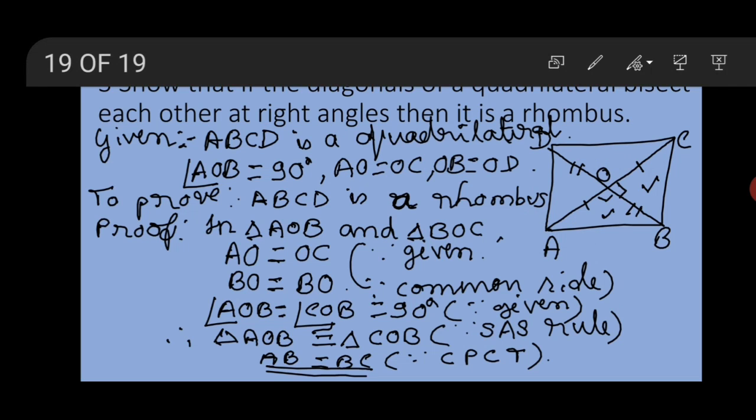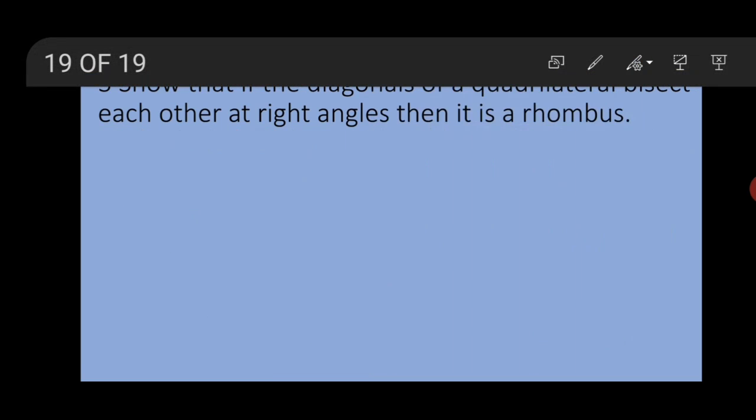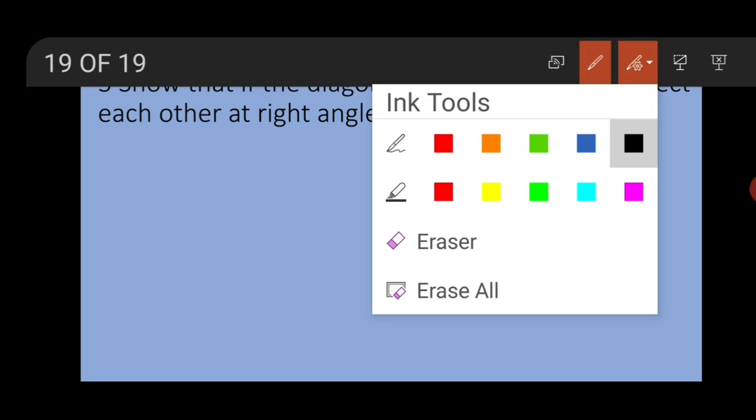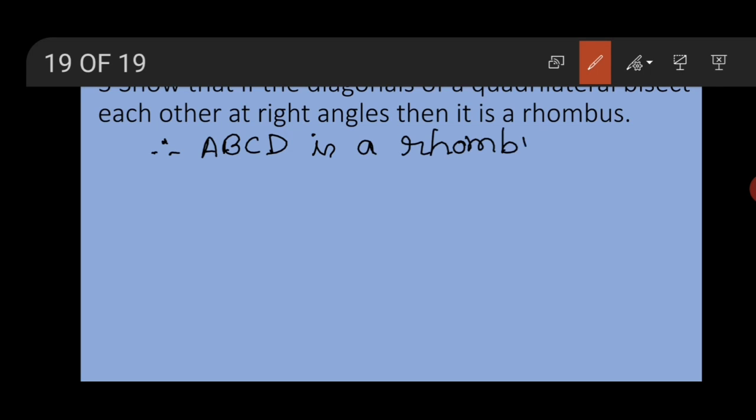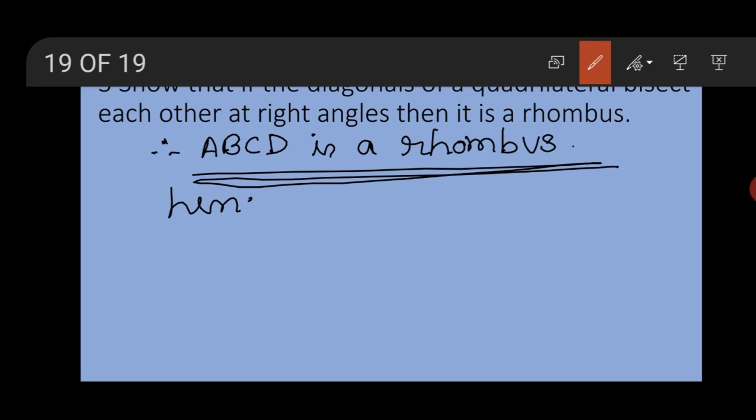Therefore, write down: therefore ABCD is a rhombus. Hence we proved. Did you get this?